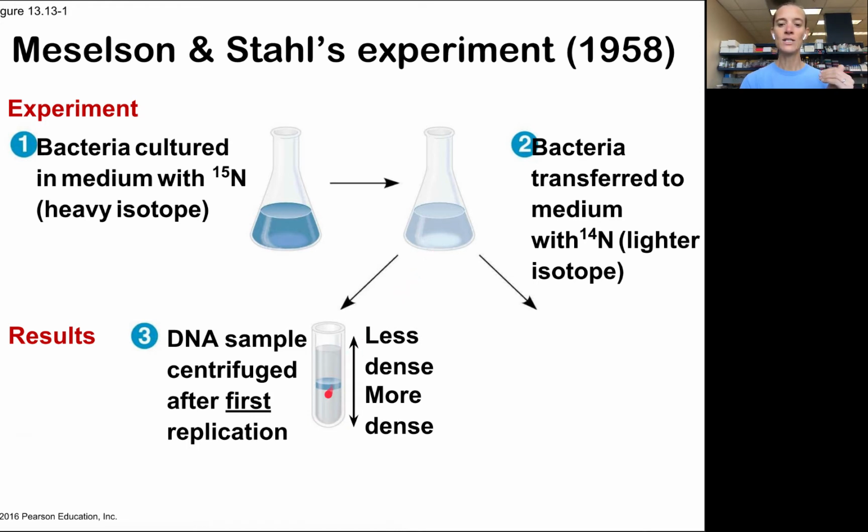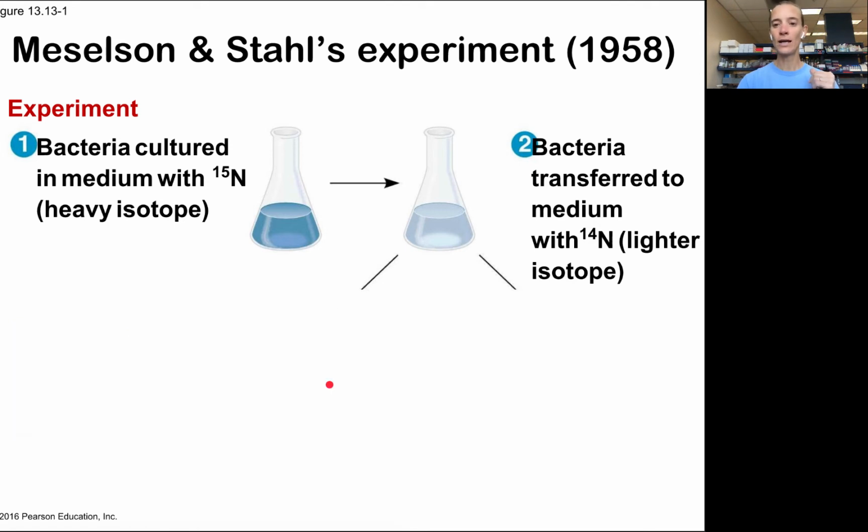So if you see only one band, it is because all of the cells after this first generation have just one single type of DNA, which likely has a combination of both.